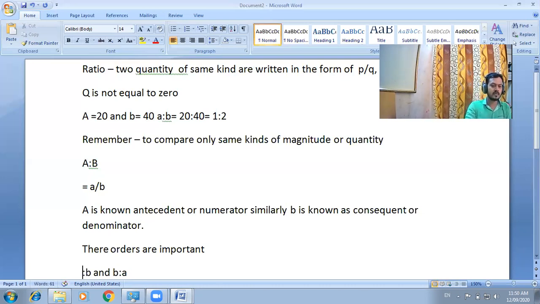It is not possible to say that both are the same. So always remember A to B and B to A do not become the same value. So we can say that A to B and B to A are always not the same value. So it is our first topic.